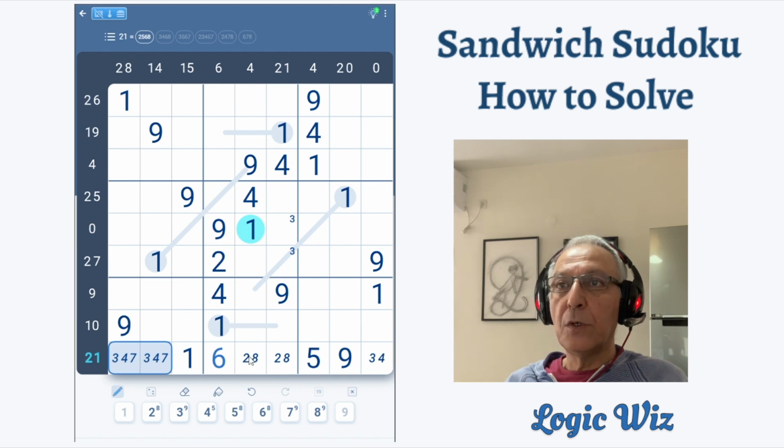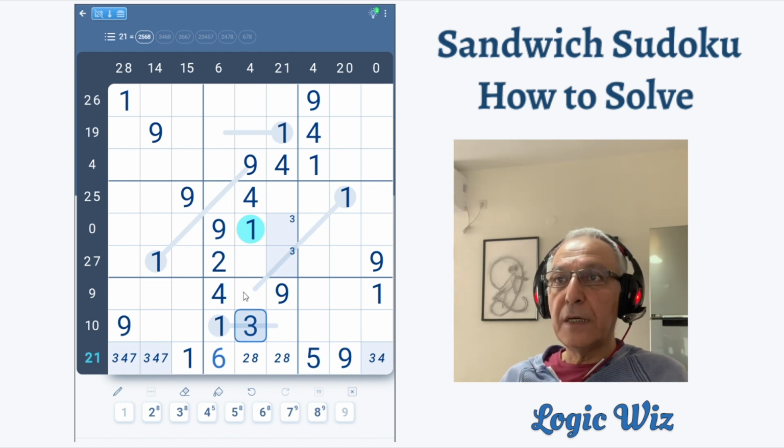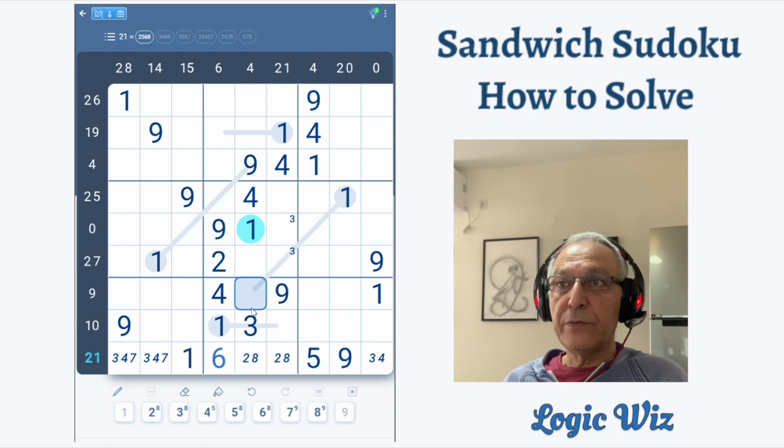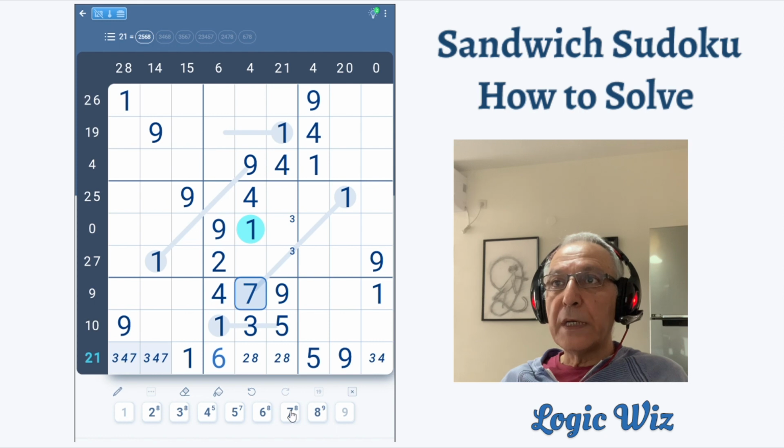We have 1, 2, 3. 3 definitely cannot be here because we are not going to have any digit to fit between the 1 and the 3, because 2 must be here, so 3 must be here. 1, 2, 3, 4, 5, and 7 are the digits that we miss. 5 cannot be here next to the 4, so 5 must be here. And 7 must be here.